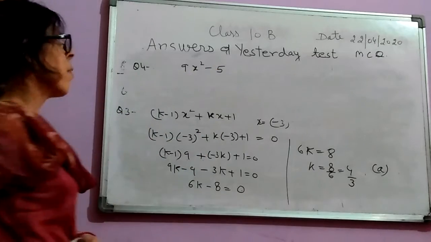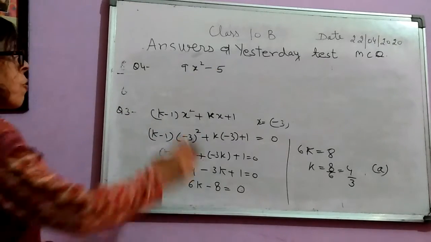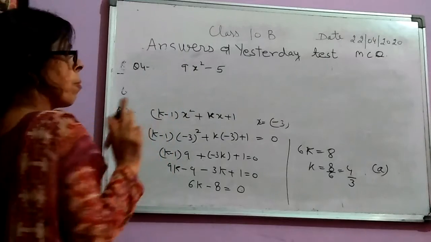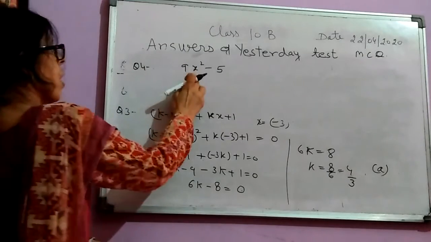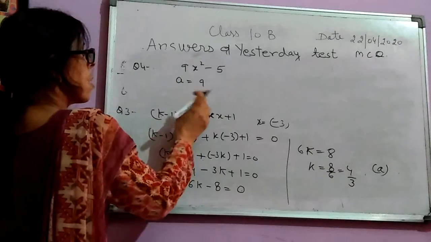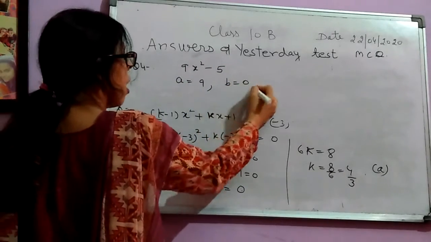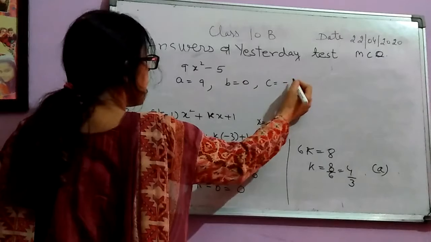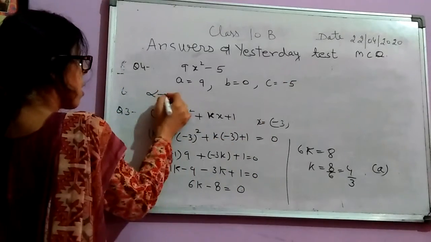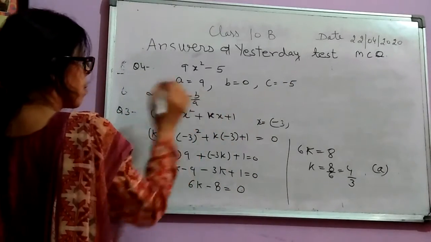For finding alpha plus beta, that is the sum of zeros, and alpha into beta, the product of zeros, you have to write the coefficients of the polynomial. X square coefficient is A. X coefficient is B. The x term is not mentioned here, so B is 0. And C is the constant term, it is minus 5. So alpha plus beta is minus B upon A. The formula is alpha plus beta is minus B upon A.